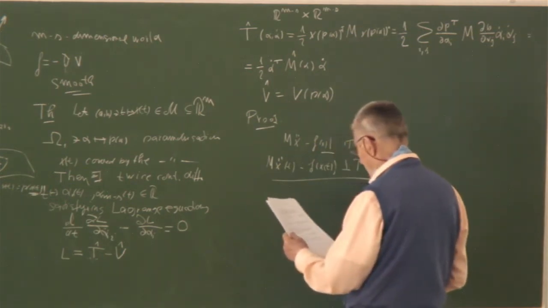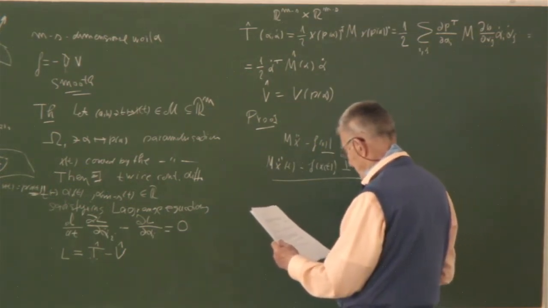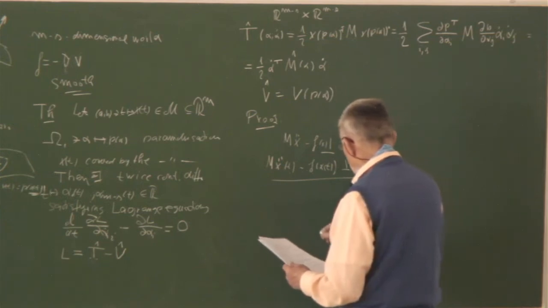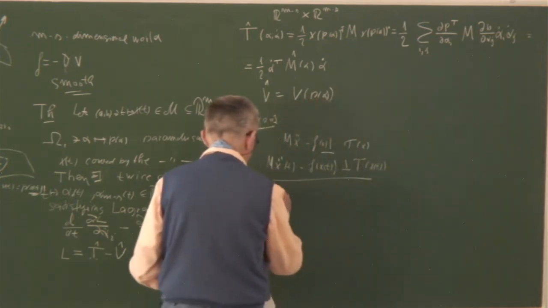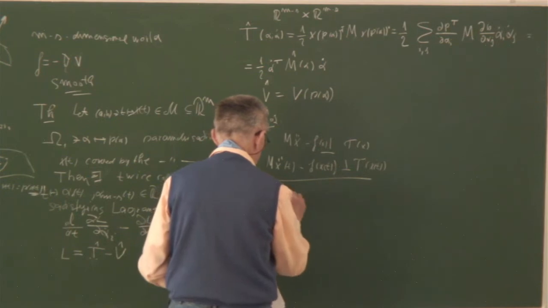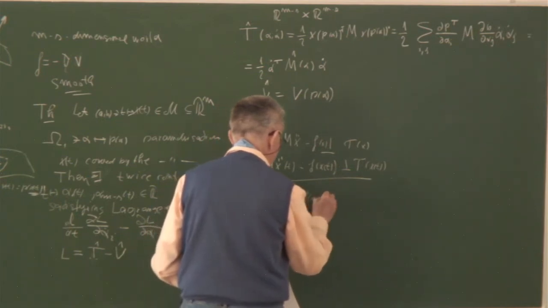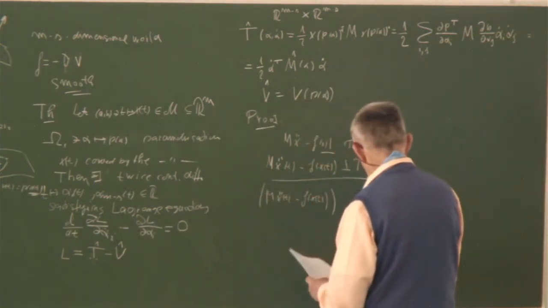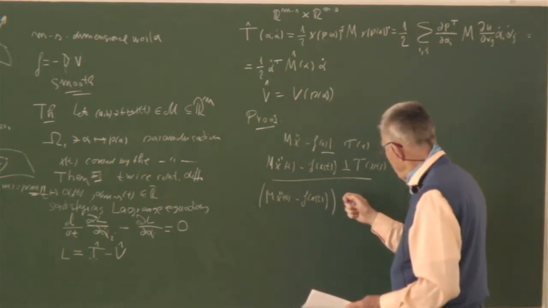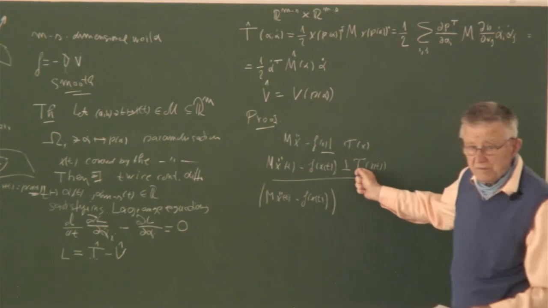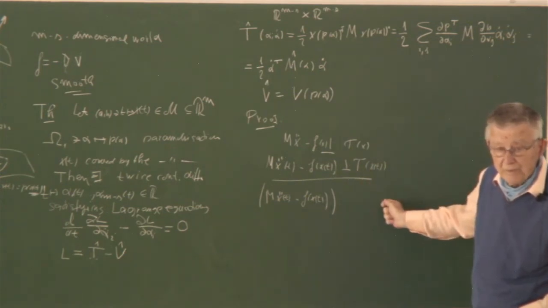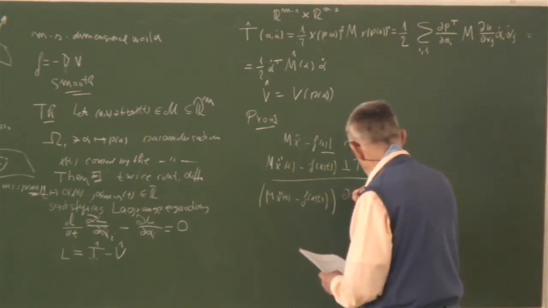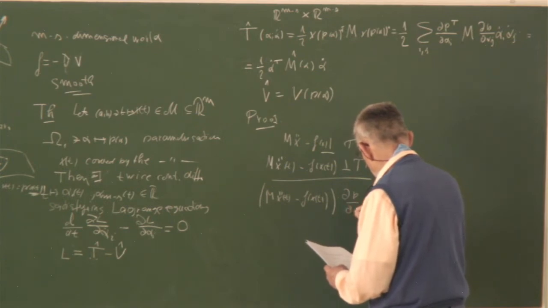Now we have to compute what that means. This is equivalent to writing down m x double dot of t minus f of x of t, scalar product with a basis of this, equal to 0. If I have a basis for the tangent space, these are the vectors dp over d alpha i.